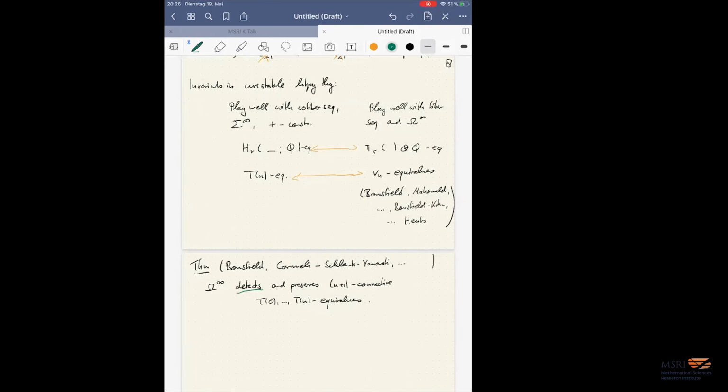So then we copy the proof sketch above, but with T0 to Tn equivalences instead of rational homology equivalence.